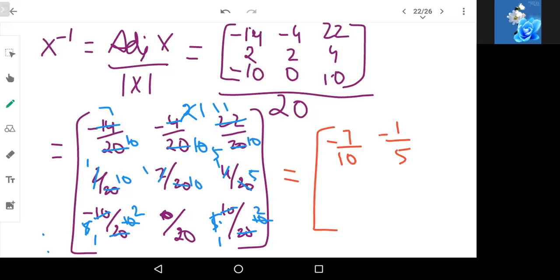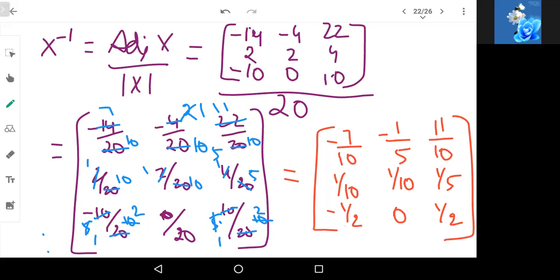Okay, so minus 1 by 5, then 11 by 10, then again 1 by 10, 1 by 10, 1 by 5, and minus 1 by 2, minus 1 by 2, and this is 0, because 0 by any number is 0, and again finally 1 by 2. So this is the inverse of the matrix X.